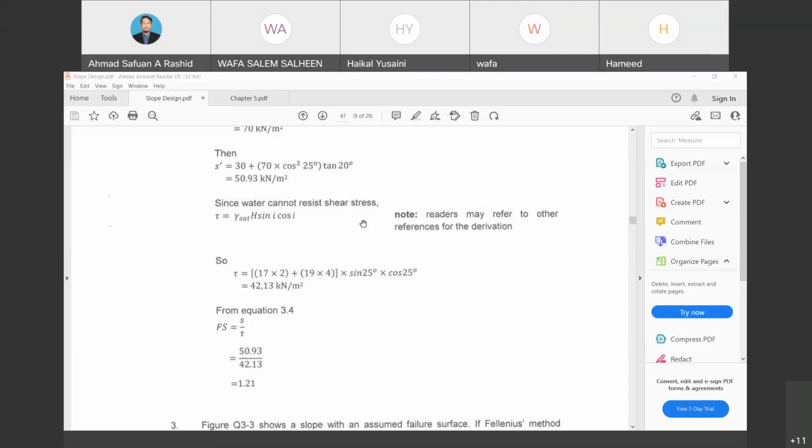But this equation can be used to determine the factor of safety for a huge area by using the GIS approach. I will not discuss it in our syllabus, but one of my students used this equation for a huge area with the GIS concept.